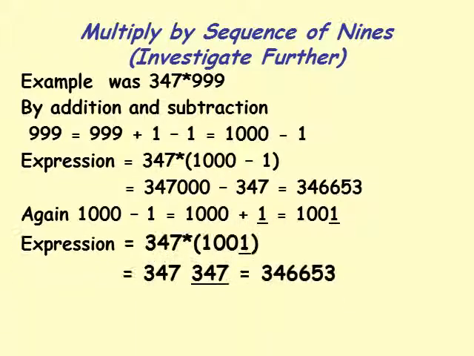The expression becomes 347 times 1001 negative, so 347 positive and 347 negative, which is again 346653: all from 9 and last from 10 of 347 is 653, and 1 less than before of 347 is 346.